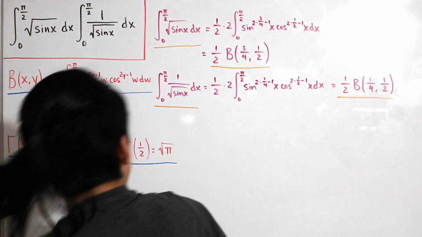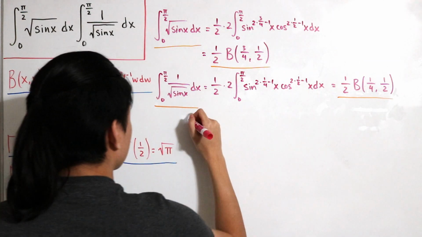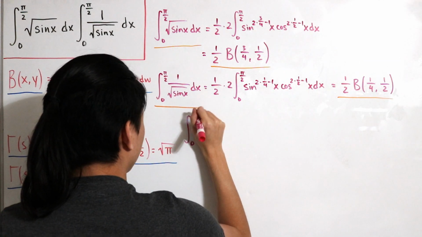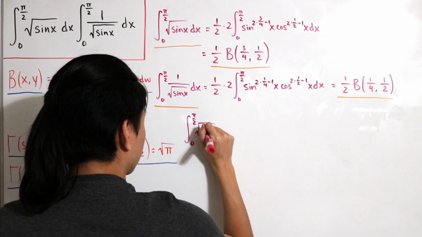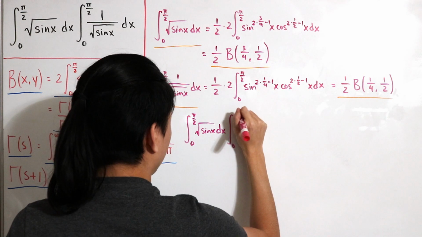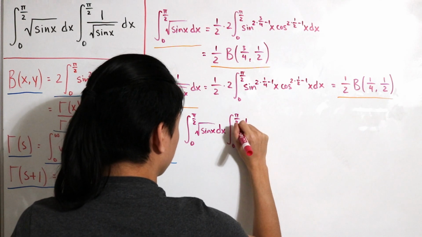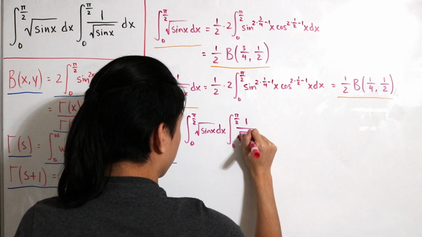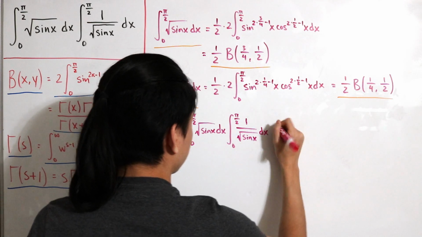Here I'm just going to rewrite the same integral that we were given. The integral 0 to pi over 2 of square root of sine of x dx, multiplied with the integral 0 to pi over 2 of 1 divided by the square root of sine of x dx.